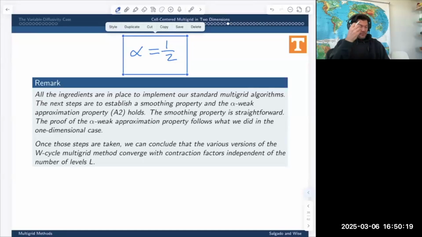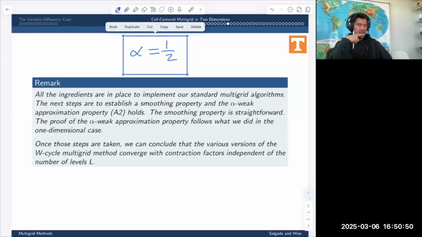Once you have the theory from chapter 5, and you show these things, like for example the alpha weak approximation property, then we know that the W cycle converges. The convergence of the W cycle multigrid method was established in chapter 5, and so that's a freebie for us. We don't know if the V cycle converges.